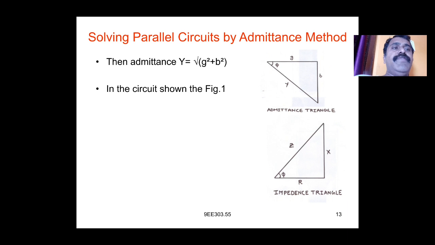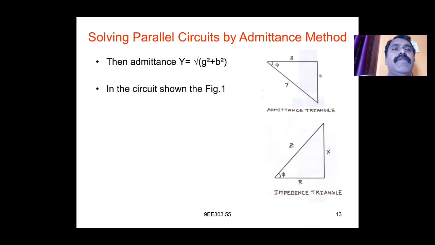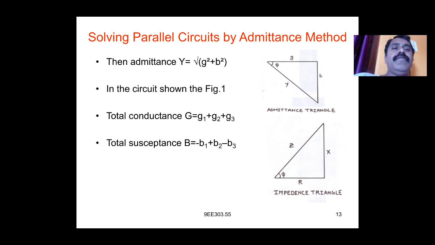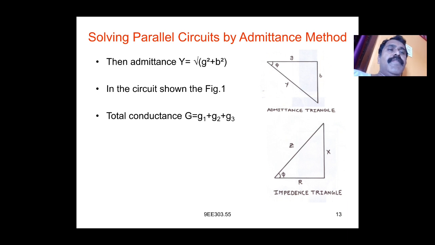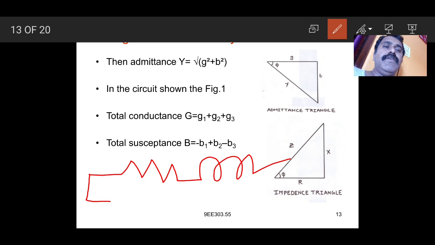In the circuit shown, figure 1 is the admittance triangle, figure 2 is the impedance triangle. Total conductance G is equal to G1 plus G2 plus G3, as here 3 branches are connected. Total susceptance is equal to minus B1 plus B2 minus B3. In the first branch, a resistance and an inductance are connected. In the second branch, a resistance and a capacitance are connected.